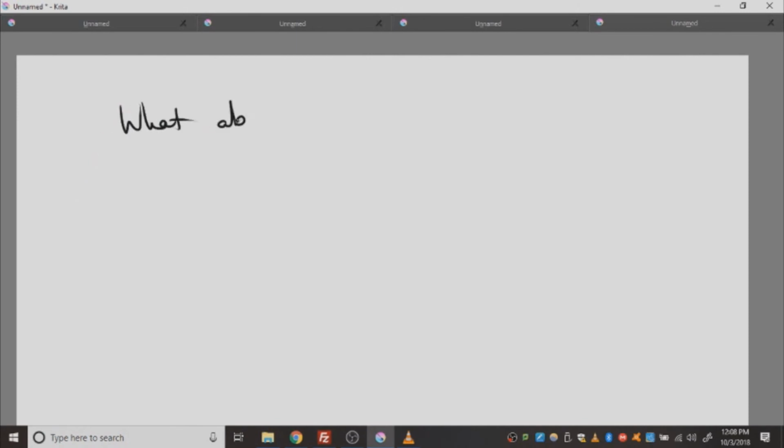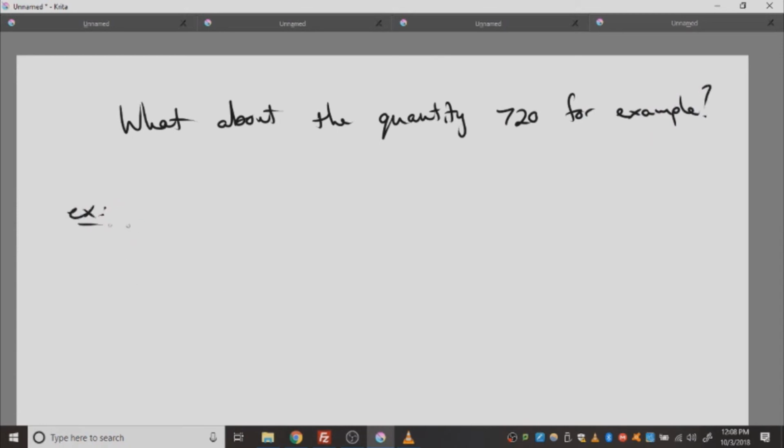What about the quantity 720, for example? Well, example, 720. How many groups of 60?